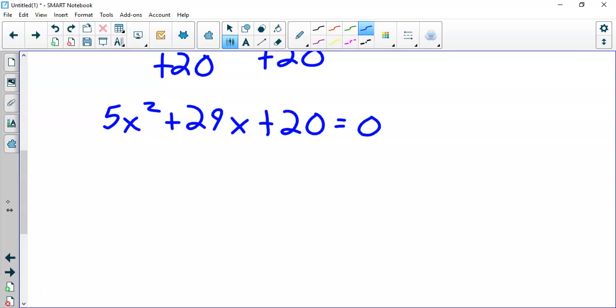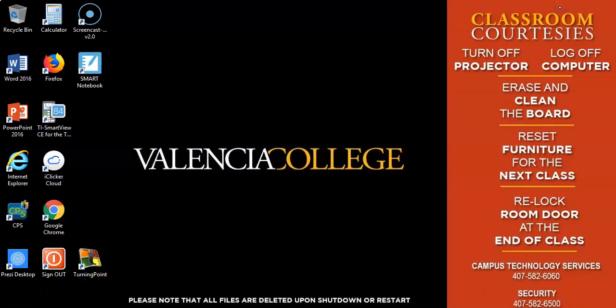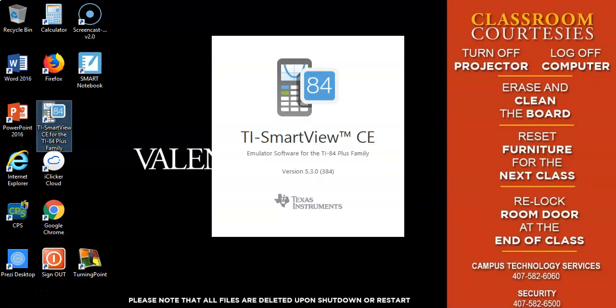Oh, factors? If you want to find factors, I don't have the calculator up. Let me bring it up real quick. You're going to go into the graphing.